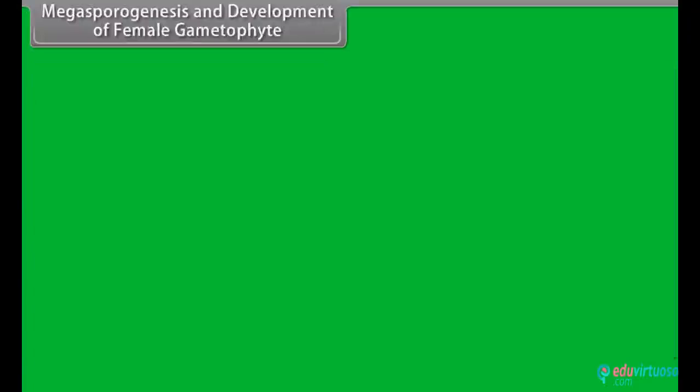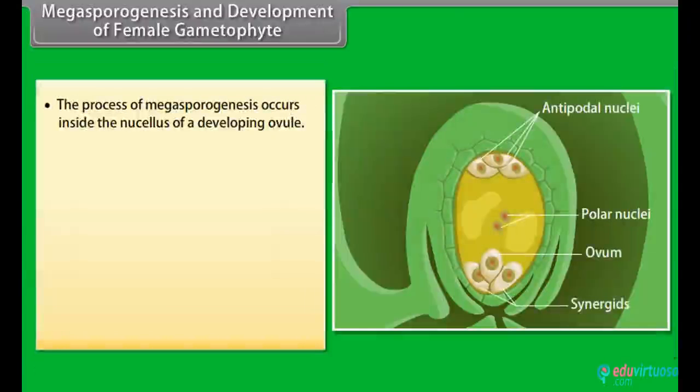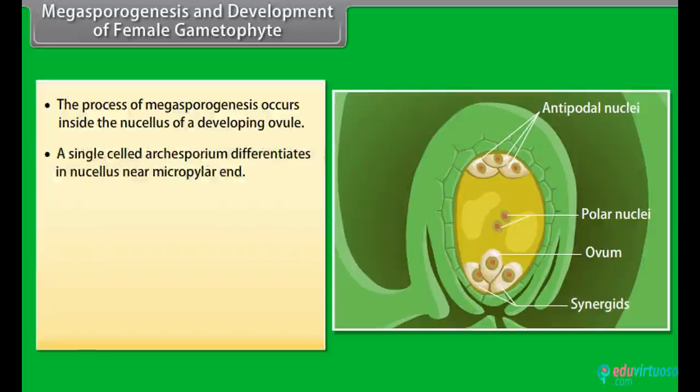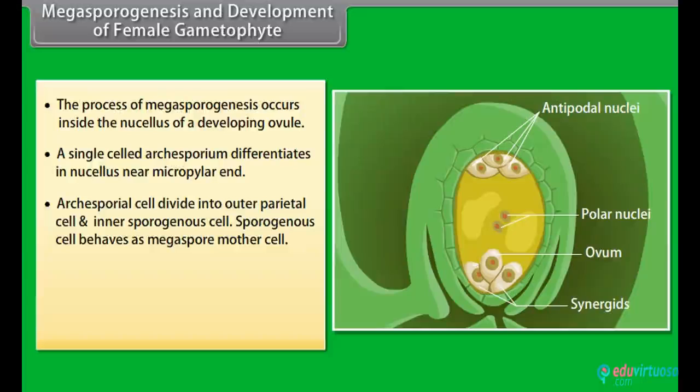Megasporogenesis and development of female gametophyte. The process of megasporogenesis occurs inside the nucellus of a developing ovule. A single-celled archesporium differentiates in the nucellus near micropylar end. Archesporial cell divides into outer parietal cell and inner sporogenous cell.